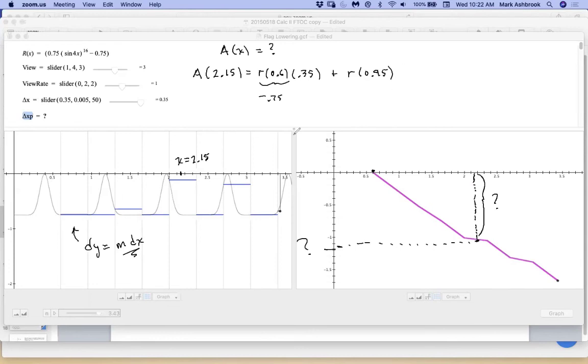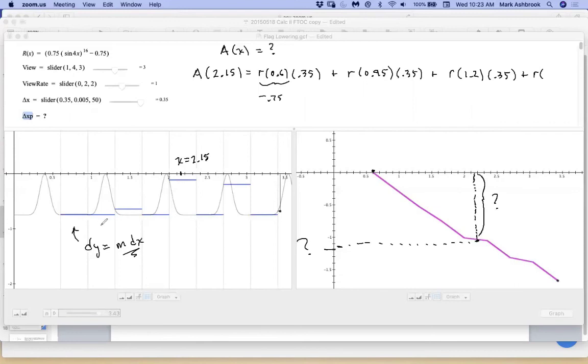Times? Is it going to be 0.7 now? 0.35 again, right? It's this rate now for its duration, 0.35. And then I'm using my approximate rate function at, is that 1.2, times dx, in this delta x, plus r of 1.3, did I get this right?